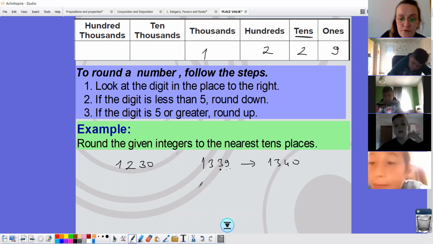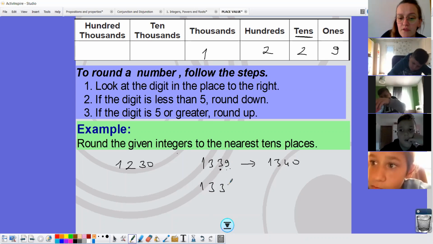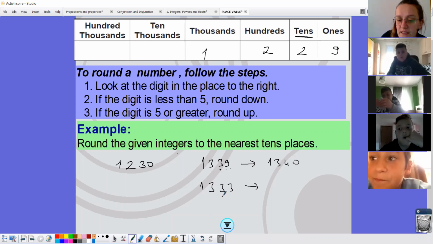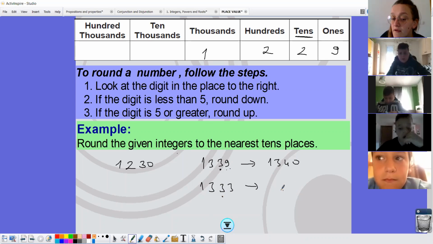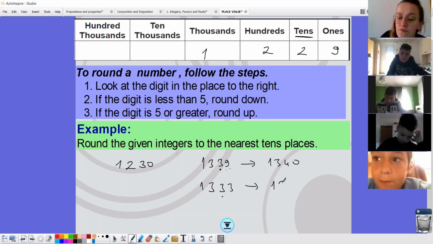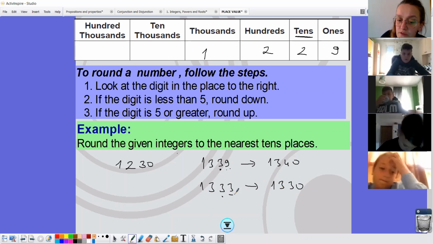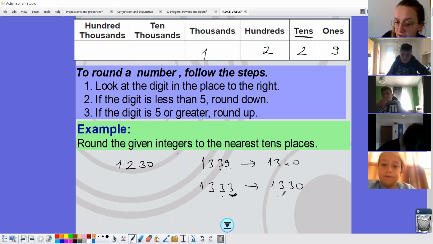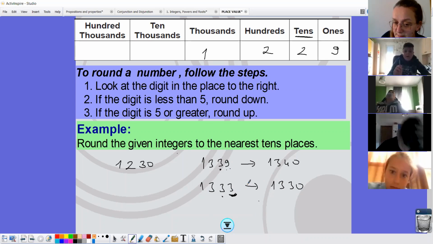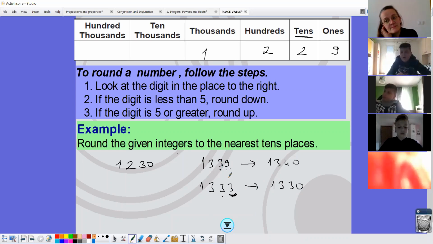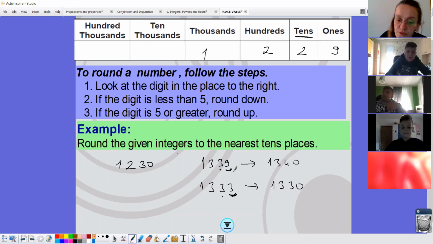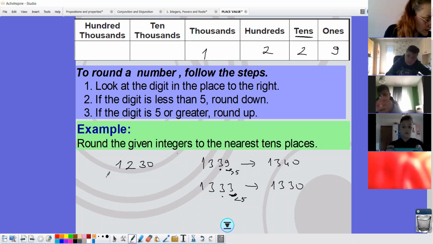But if you have, for example, 1333, and I am rounding, it's 1330, because this 3 is less than 5. This one is greater than 5. This one is less than 5. So write them now, and then we'll continue to the rounding.